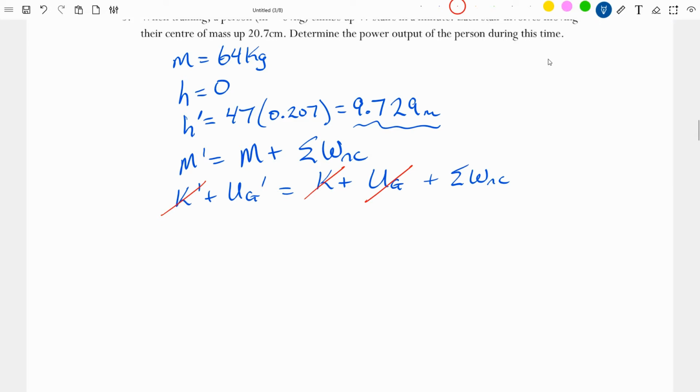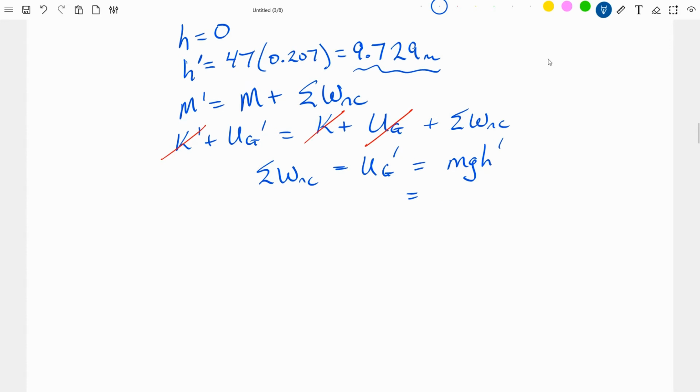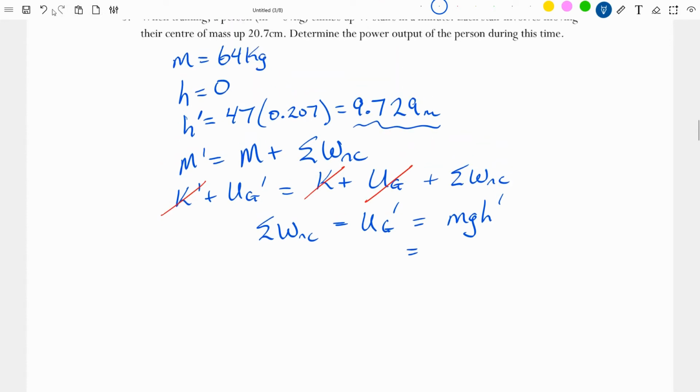No matter how you do it, you can legitimately cross them both out, which means that the net work done by non-conservative forces is equal to the gravitational potential energy they end up with, which is equal to mg times the height they end up with.